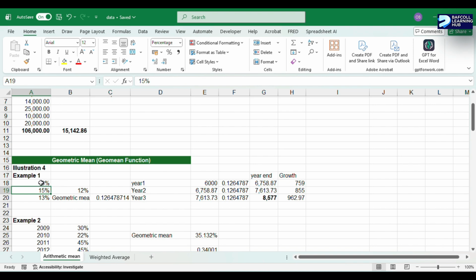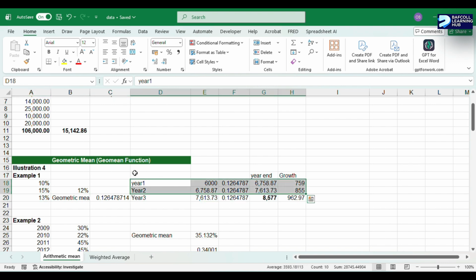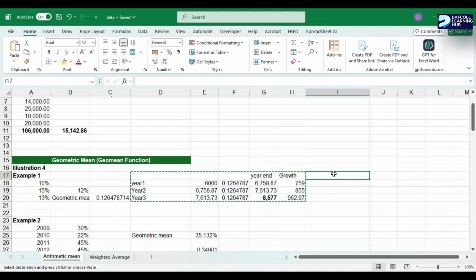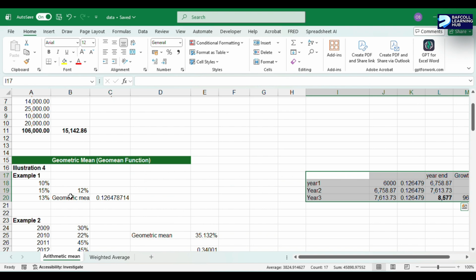In year one, the income grows by 10%. In year two, it grows by 15%. Then in year three, it goes by 13%.